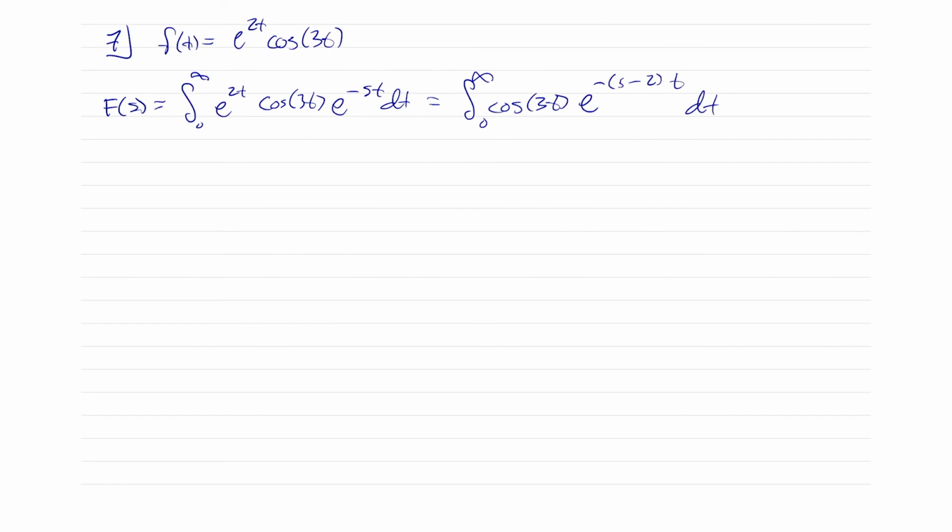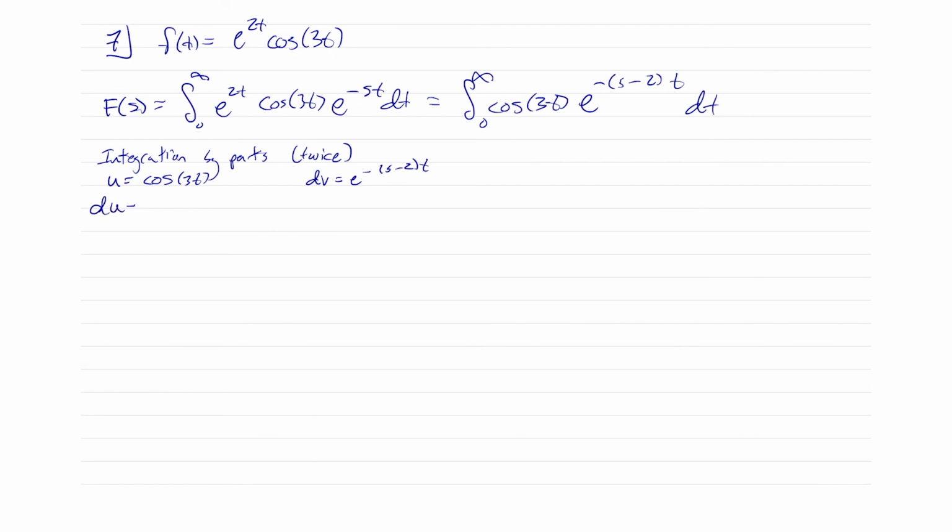But from here on, we have a cosine times an e to the t, so we're going to use integration by parts, and it's going to be used twice. We're going to set u equal to cosine of 3t, and dv equal to e to the minus s minus 2 t.